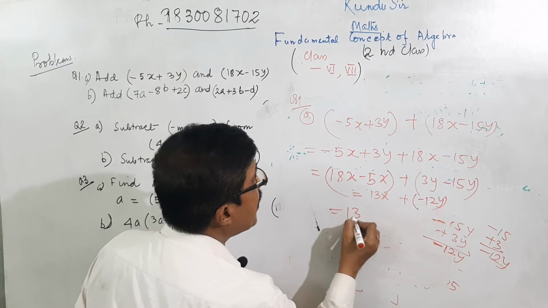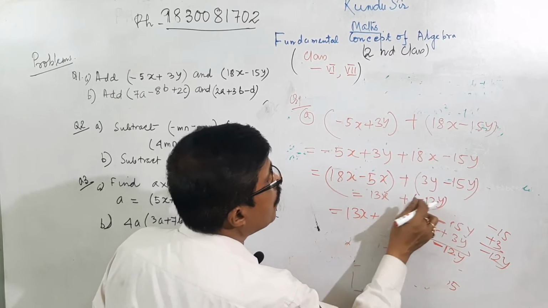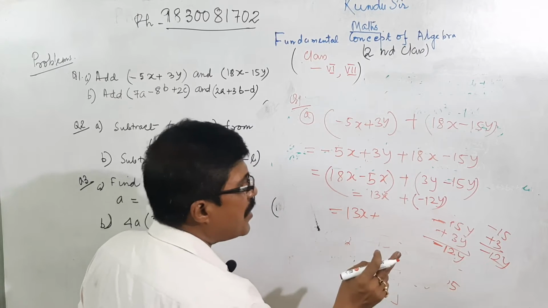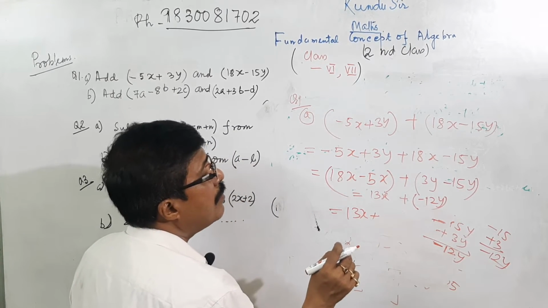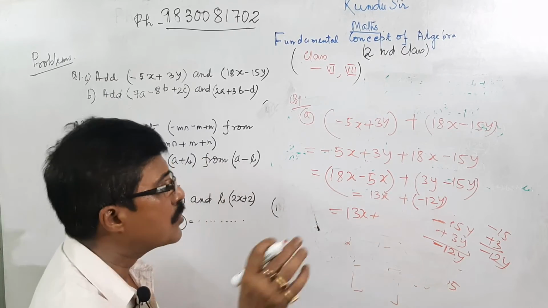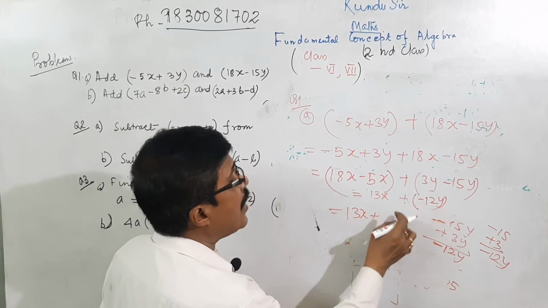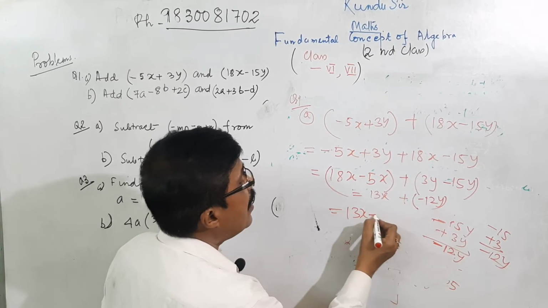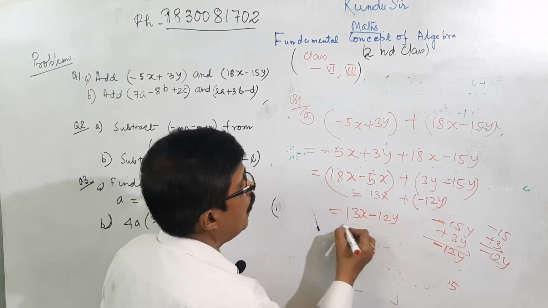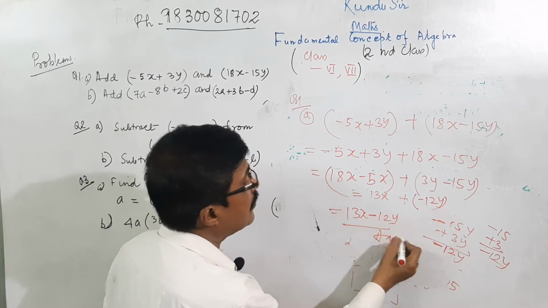Then 13x, plus into minus. I already mentioned that a bracket indicates multiplication, so plus into minus equals minus. So I am removing the plus and the result is 13x minus 12y. It is the answer.